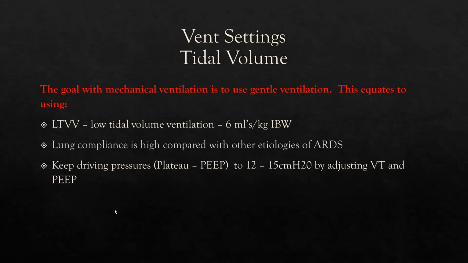Lung compliance is high compared with other etiologies of ARDS, but you want to keep driving pressures low, and it explains what a driving pressure is. If you do an inspiratory hold and get your plateau pressure reading, and subtract the amount of PEEP that is set, you want to keep that between 12 and 15 centimeters of water.